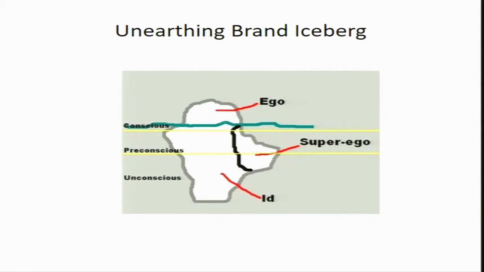What is the difference between conscious, pre-conscious and unconscious? I will try and explain. Pre-conscious or subconscious is that part of the mind which can be made accessible with some effort.